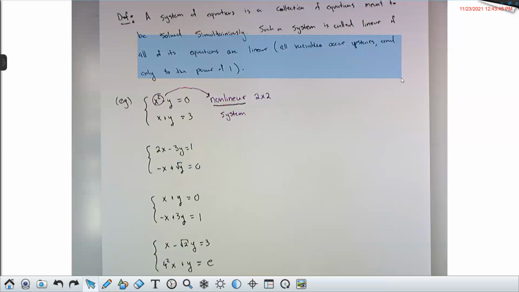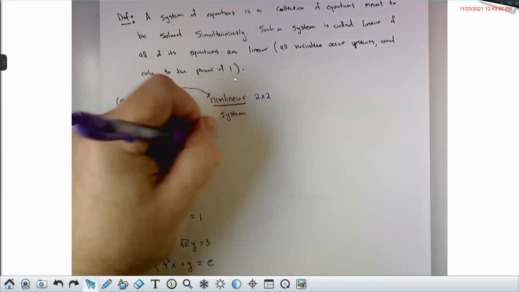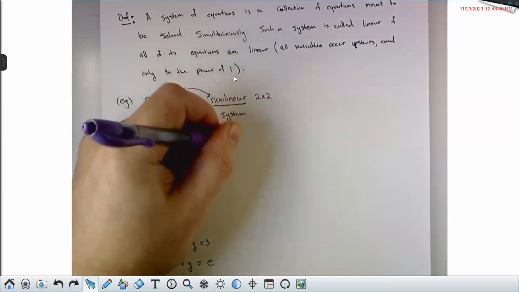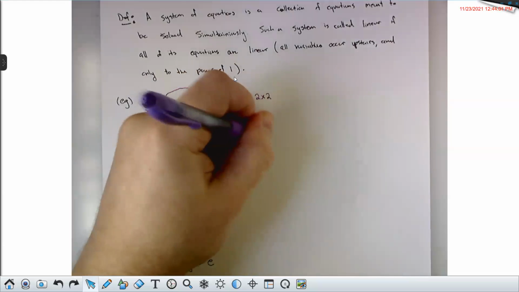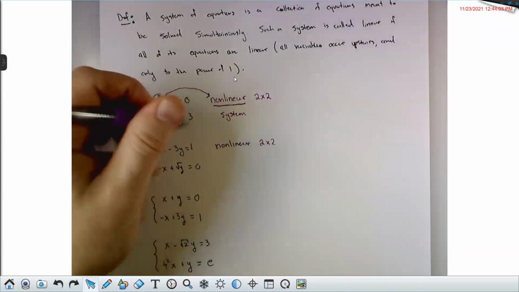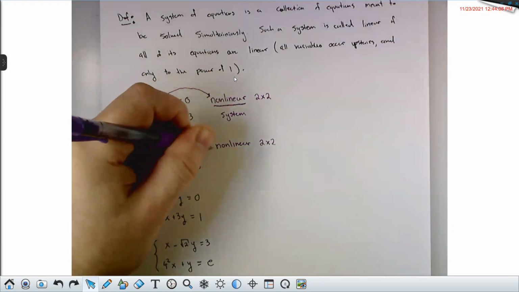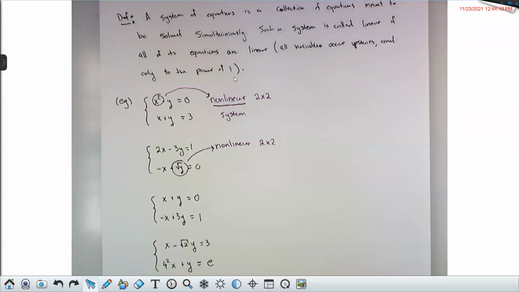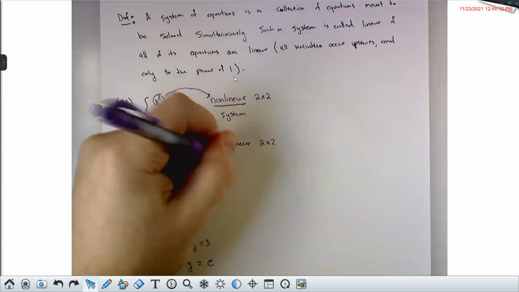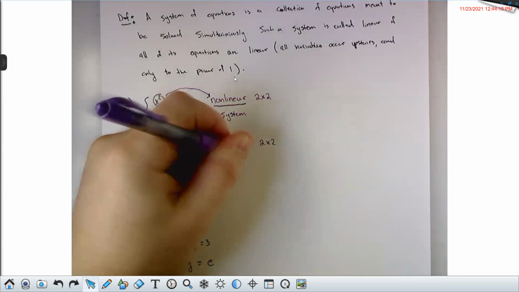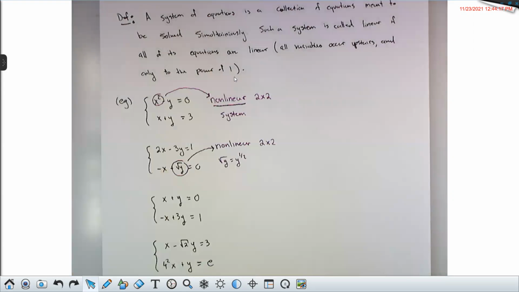Square root of y? Yeah, the square root of y is the same as y to the 1/2. All the variables need to occur only to the power of 1, so this one is also nonlinear. It is again a 2x2, and it's nonlinear because of this term, square root of y, which is y to the 1/2, which is a problem.